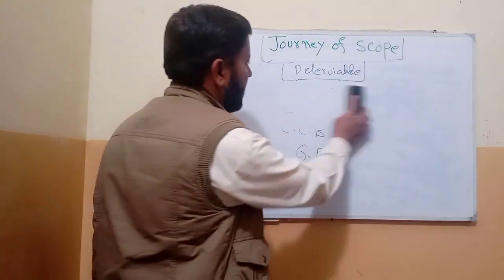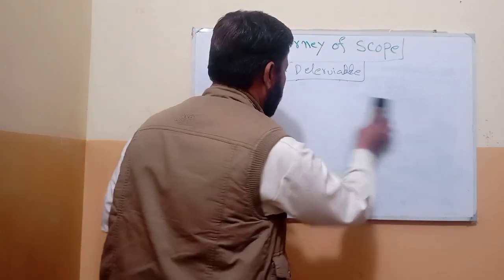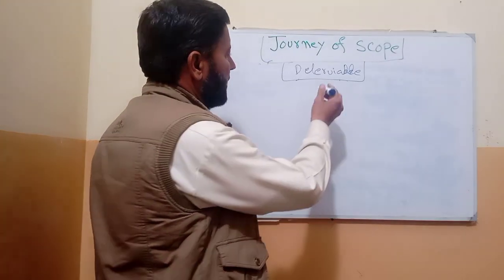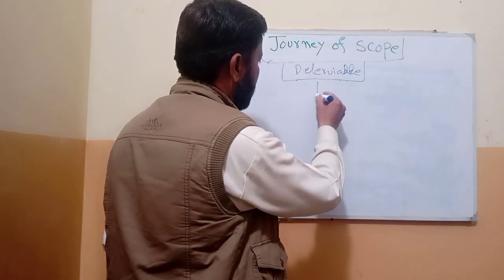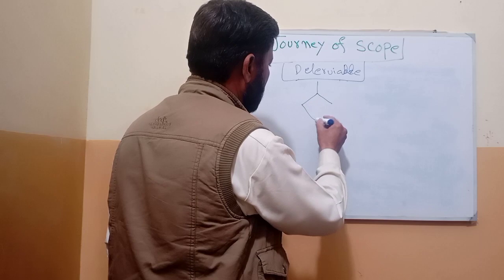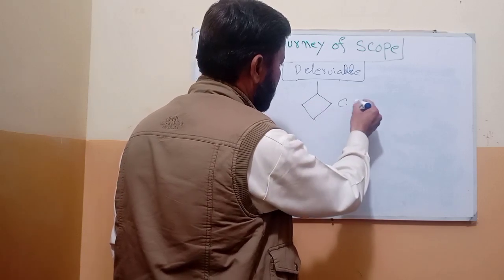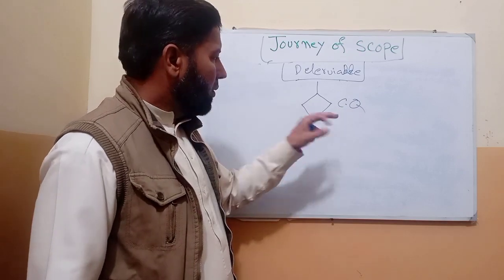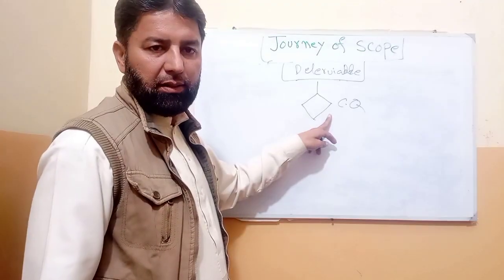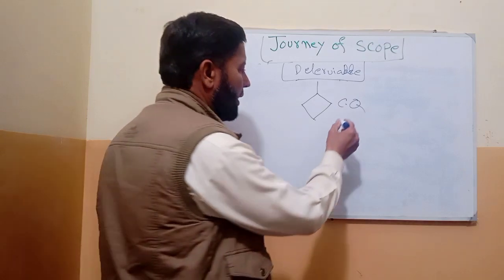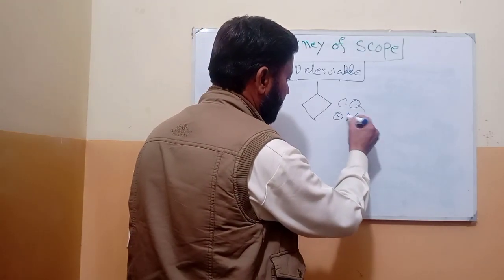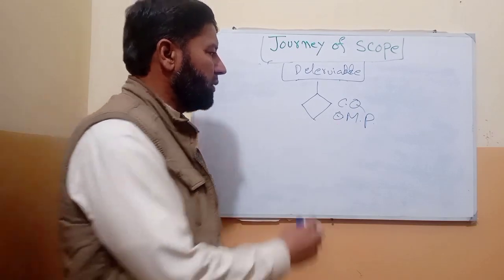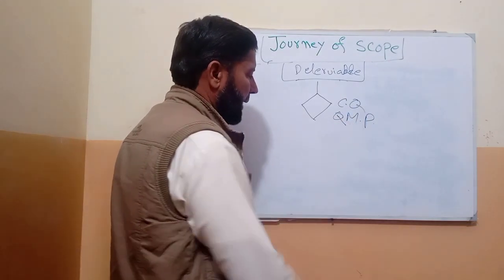Now, I will explain the journey of a deliverable. The deliverable is executed during execution and then goes to control quality, CQ. Here the quality team will inspect the deliverable according to the quality management plan.